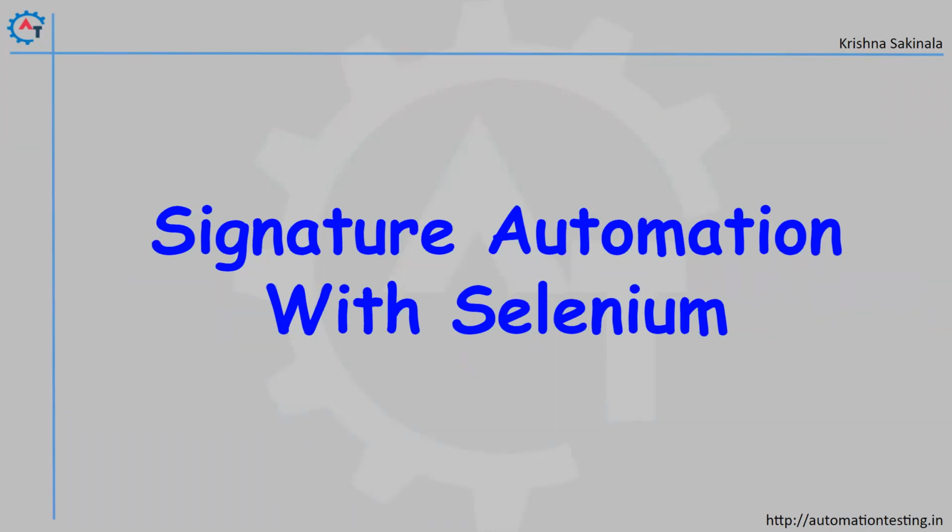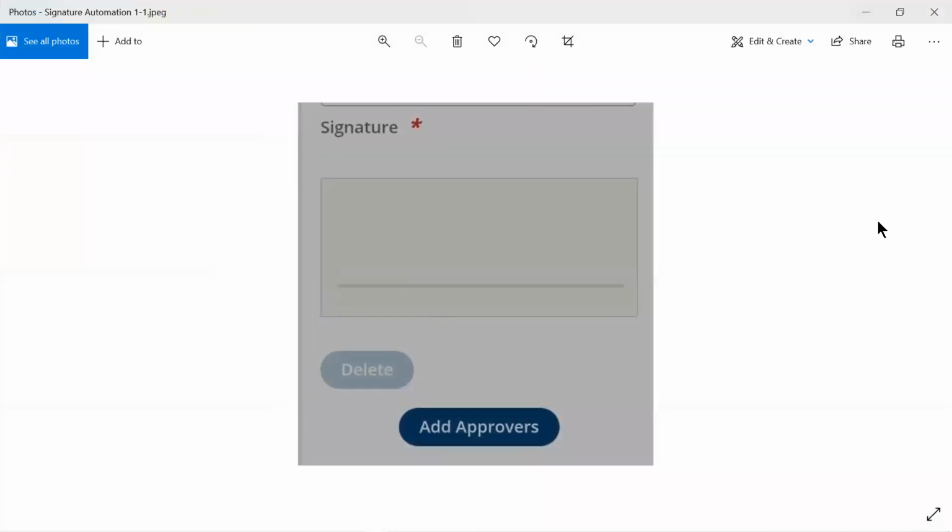I'm not very sure how the signature will behave in other applications, but in the application I have seen, I'll show you exactly how it looks. So this is a form. I just took a screenshot of the signature, and you see the signature and the star mark, that is mandatory.